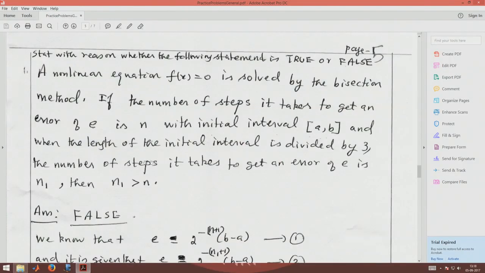Now, if the number of steps to be taken, so that you want to get an error of E, is n steps with initial interval a b, and you divide the interval in such a way that the length of the initial interval is divided by 3, and the number of steps that you need to commit the same error E is, say, n1. Then the statement says n1 has to be greater than n. Is your statement correct is the question.